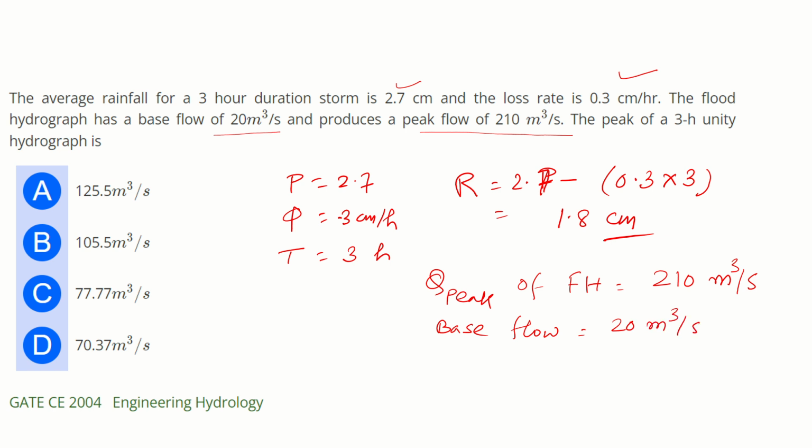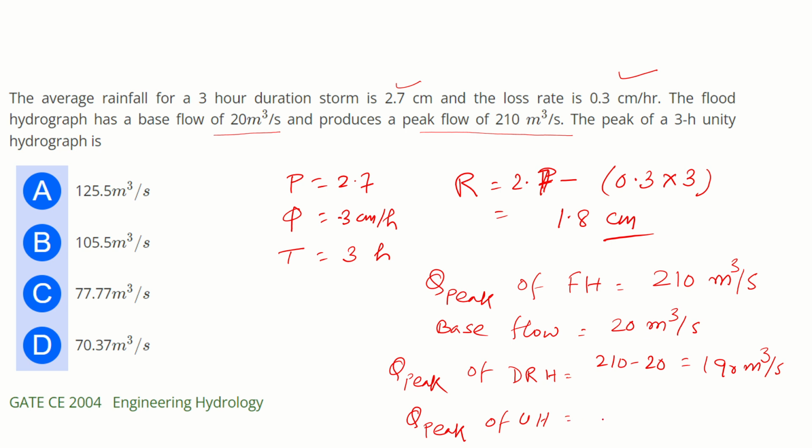So what is the peak of DRH? Q peak of DRH is equal to 210 minus 20, so 190 meter cube per second. If we have calculated DRH, so what is Q peak of unit hydrograph?